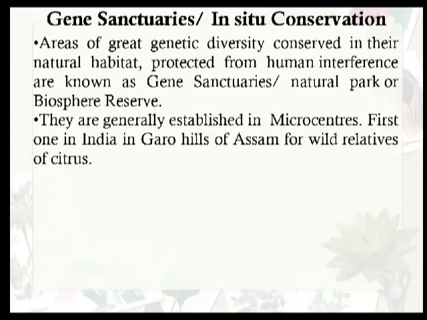They are basically established in microcenters where there is a high rate of genetic diversity. The first one in India is in Garo Hills in Assam, and it is for in situ conservation of citrus.